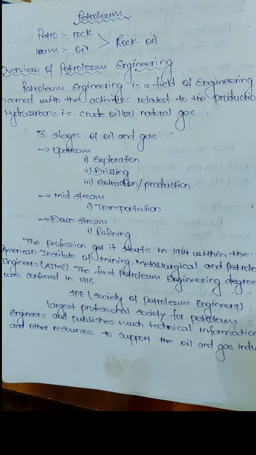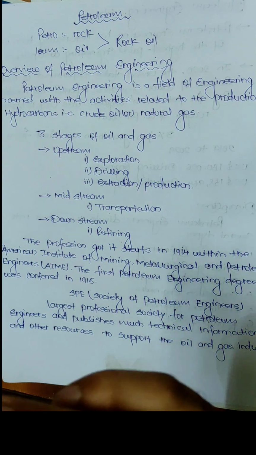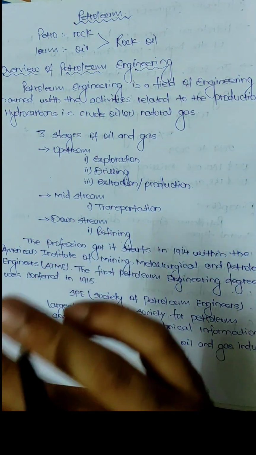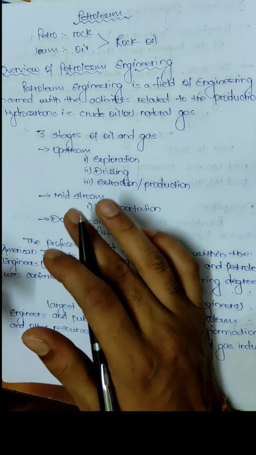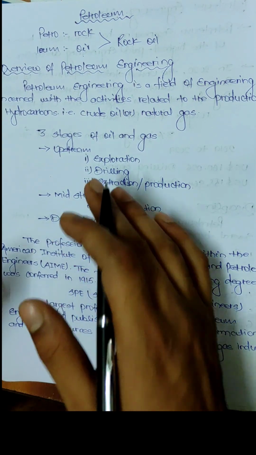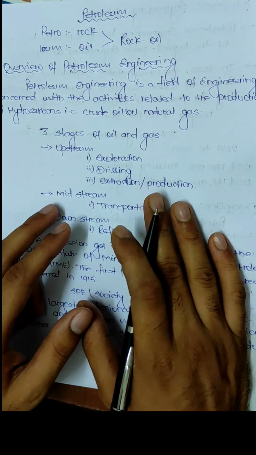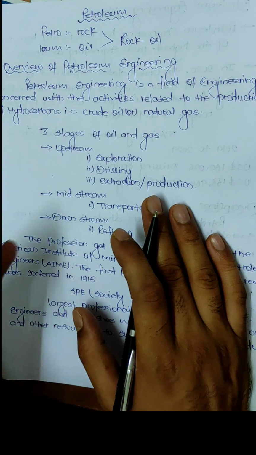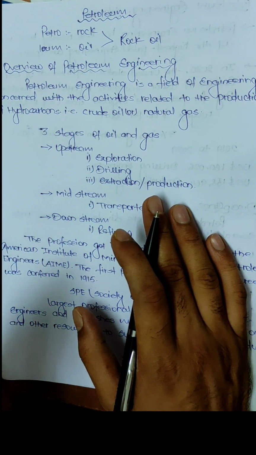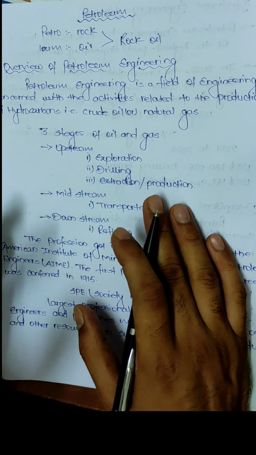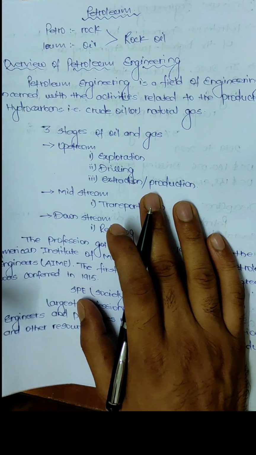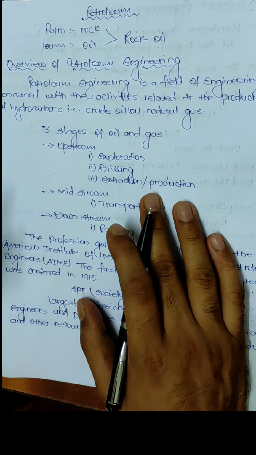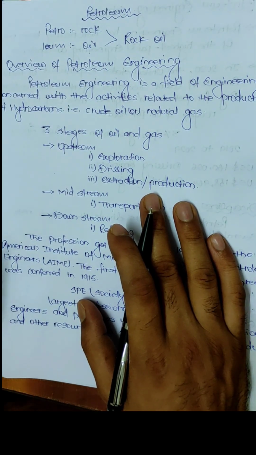The sediments or topography inside the earth is called the subsurface, whereas the upper part is called the surface. The petroleum engineer helps to take out the rock oil or formation fluids to the surface for our daily use, like fuels.